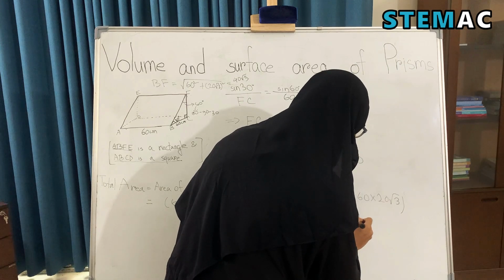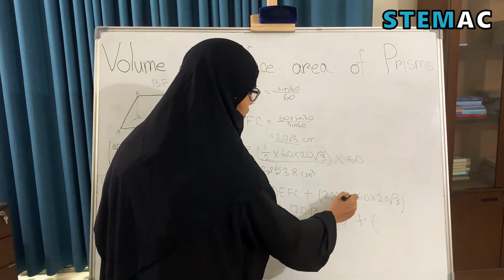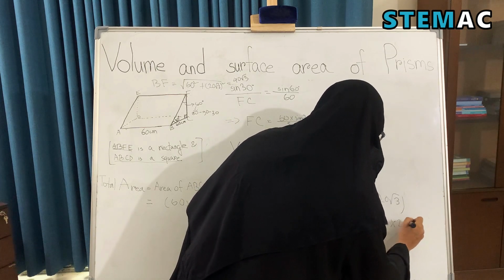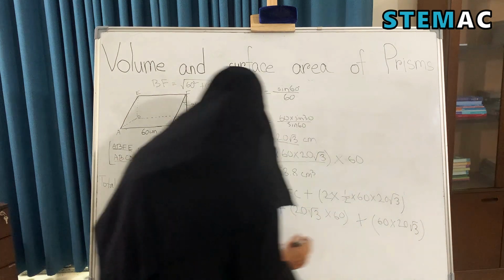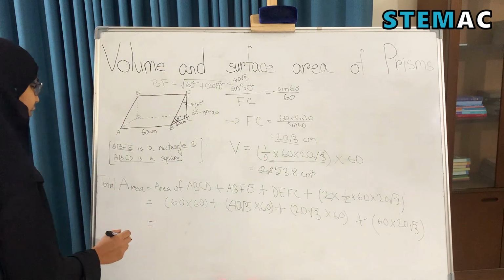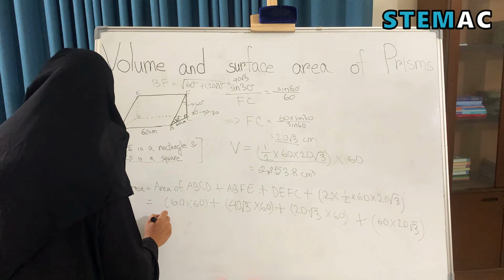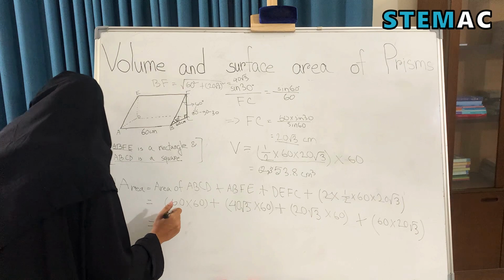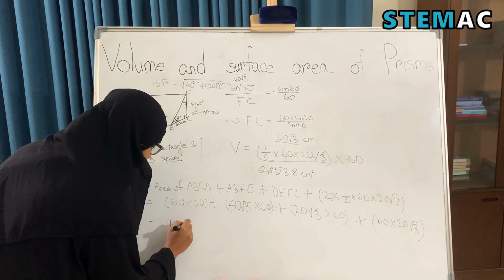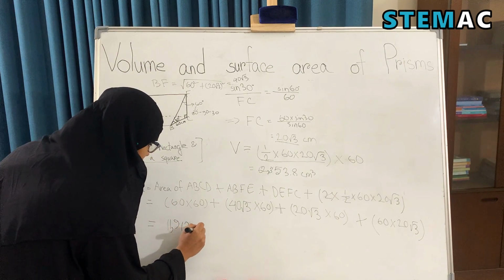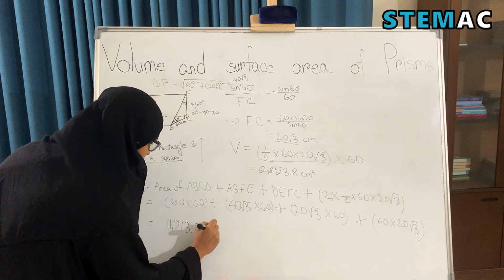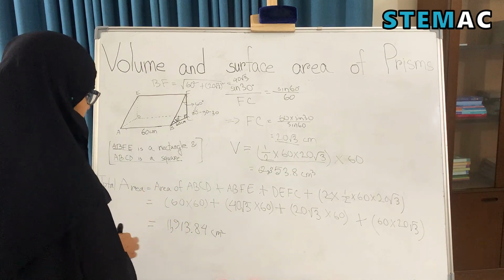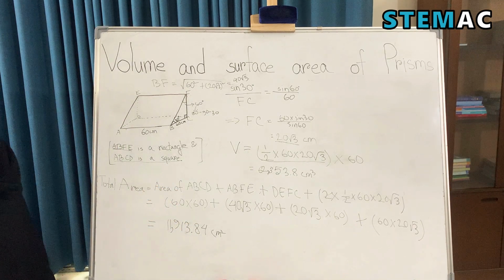Plus, from here, if we use a calculator to find the area, we would get 11,913.84 centimeters square. Yeah, that's all for today about prisms.